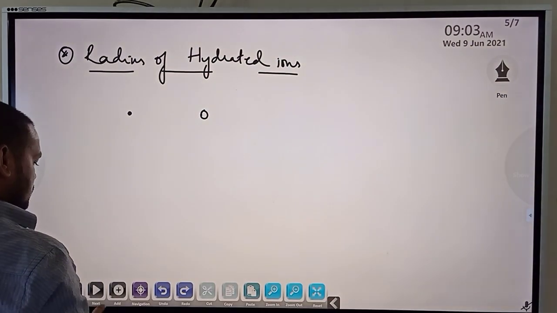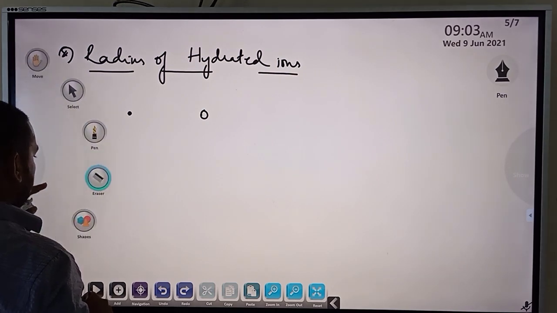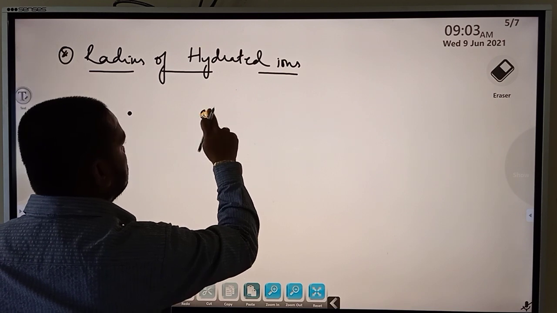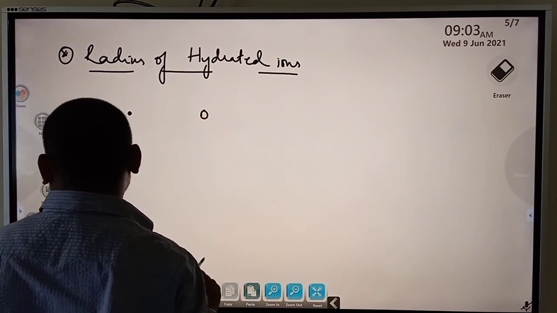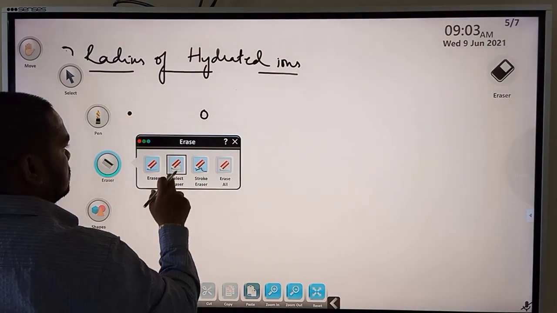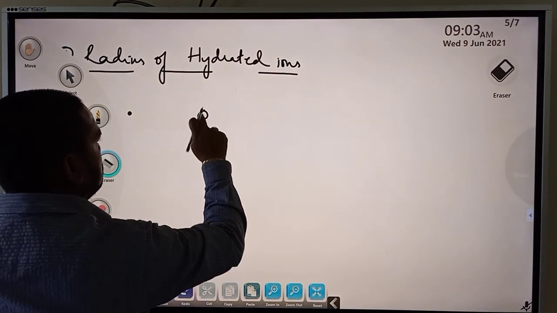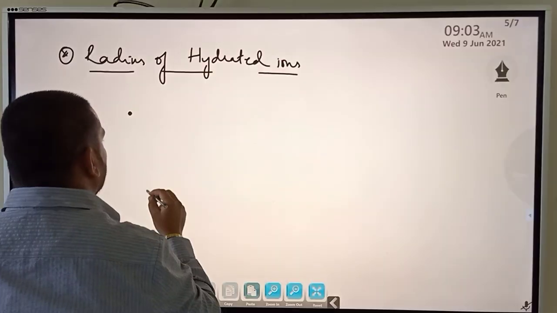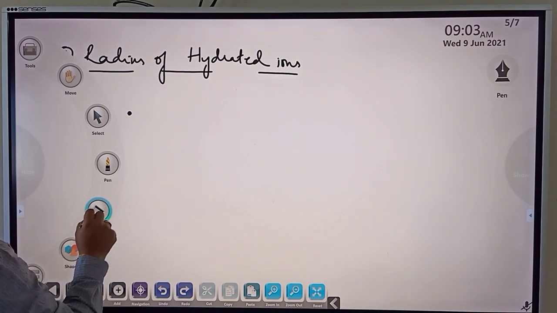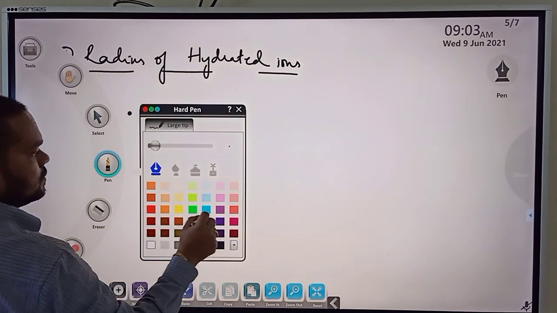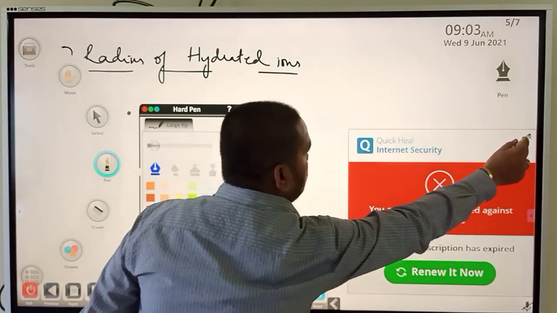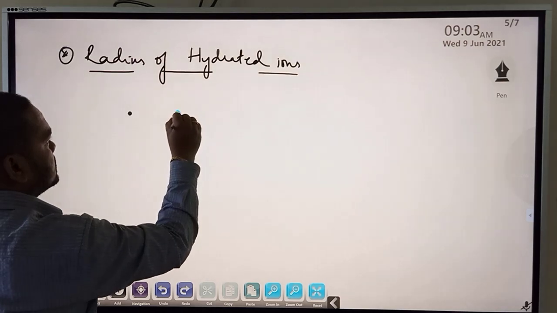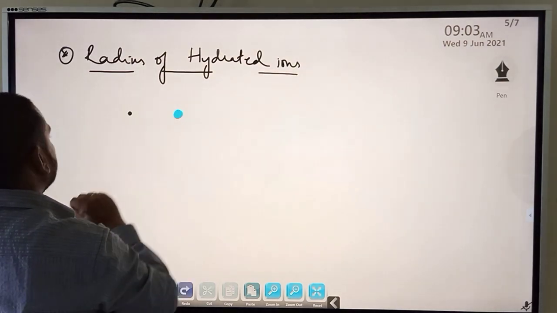Let me use another color. Sodium atom, let's say sodium is in blue, a little bigger than black.